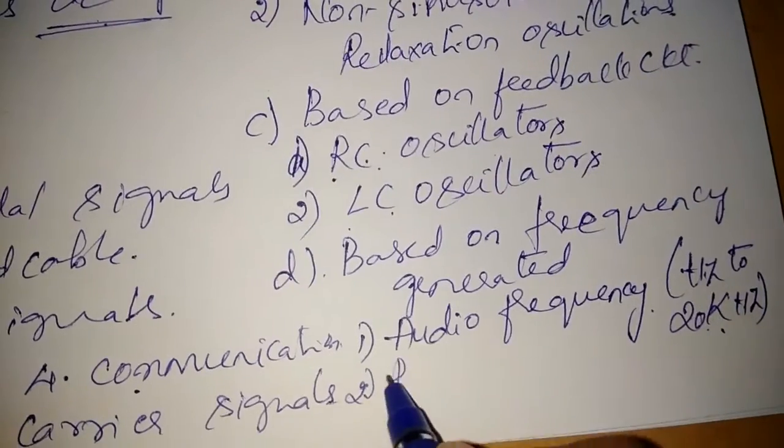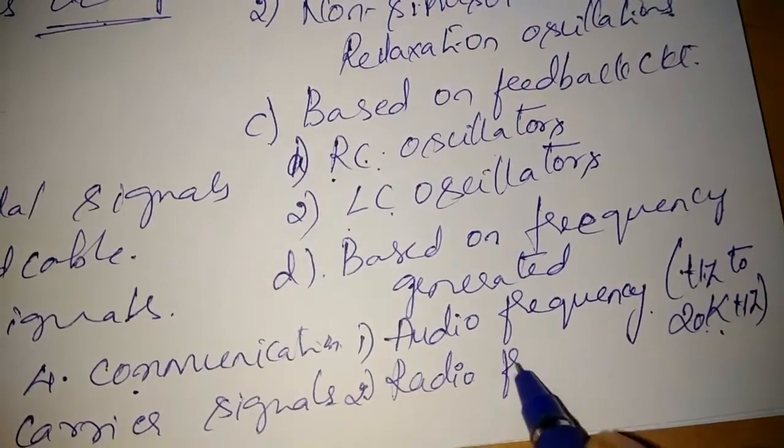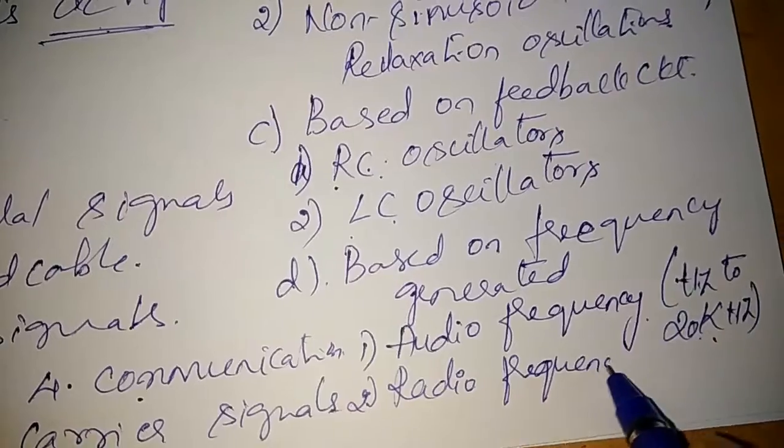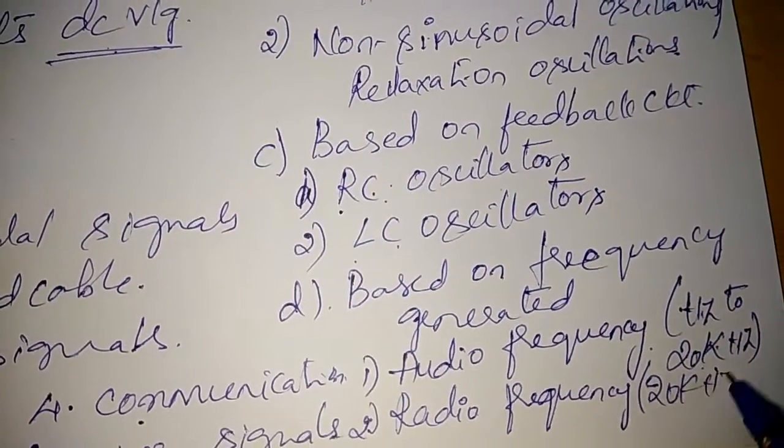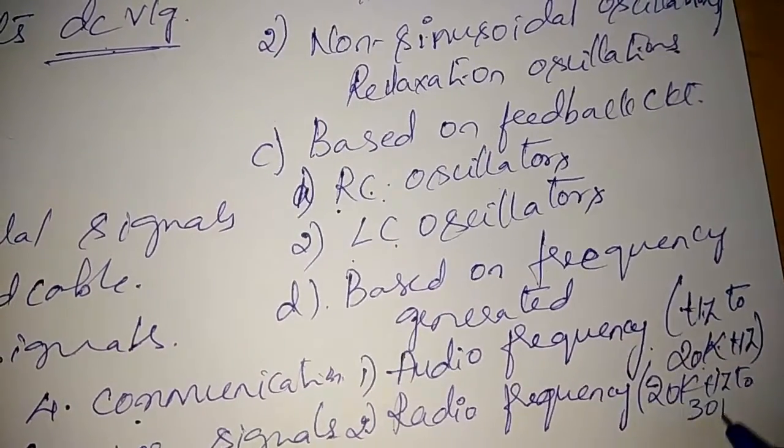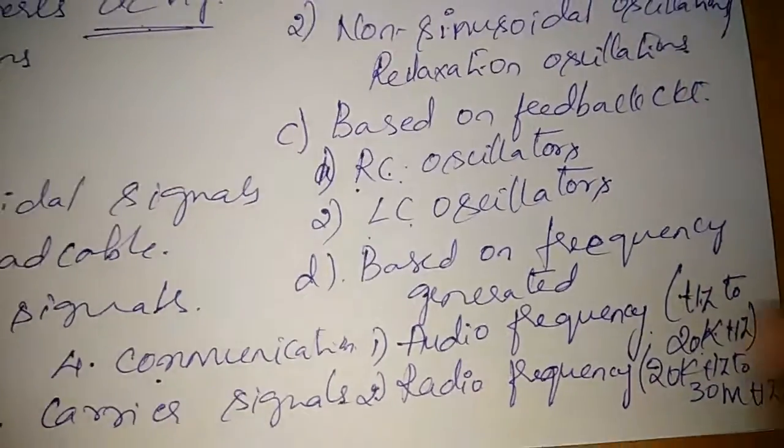The second one is the radio frequency range. The range of this is 20 kilohertz to 30 megahertz. Then we have very high frequency.